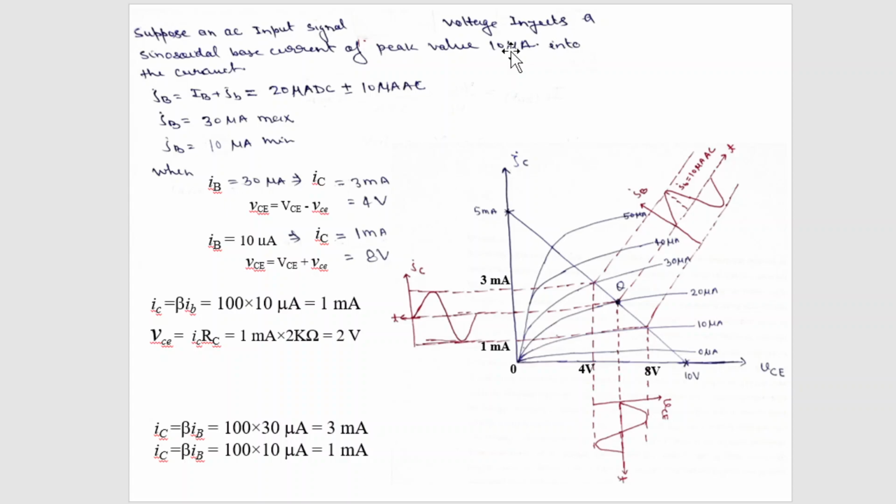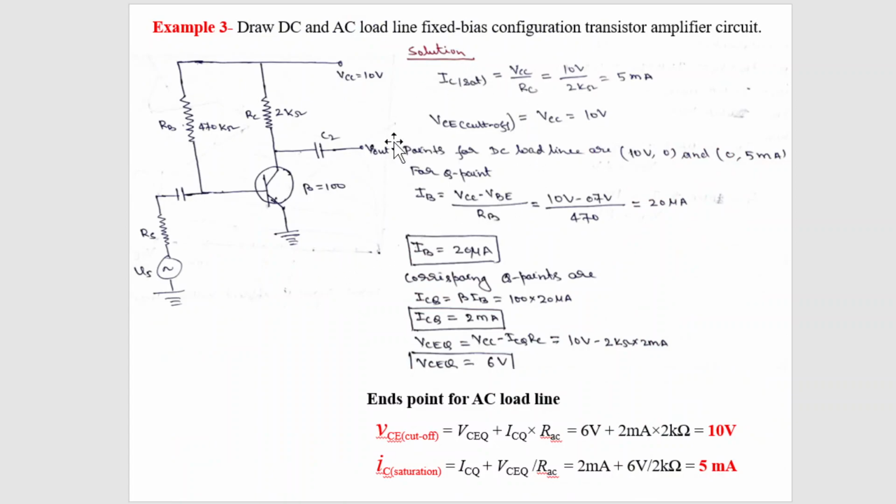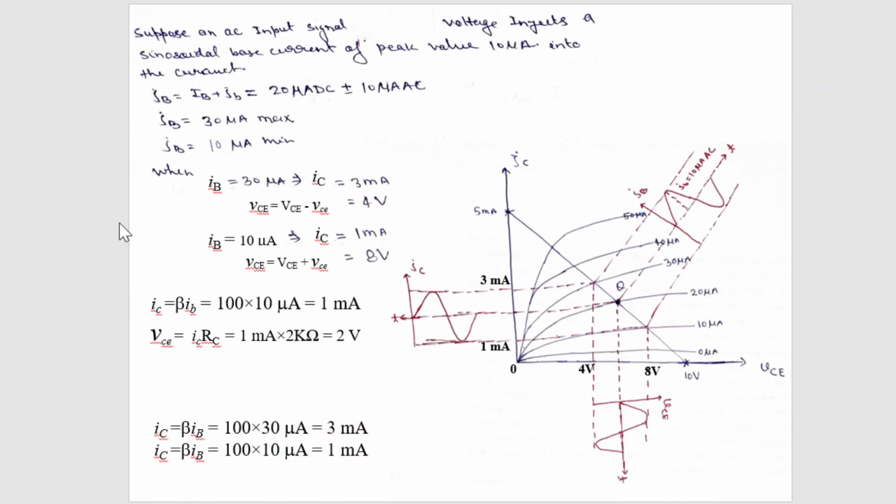We know that the base current due to the DC signal, when there was no input signal, was 20 microampere. So this 20 microampere was the purely DC signal, and we are applying plus minus 10 microampere. That means the total input base current, small i capital B, is equal to capital I capital B plus small i small b.